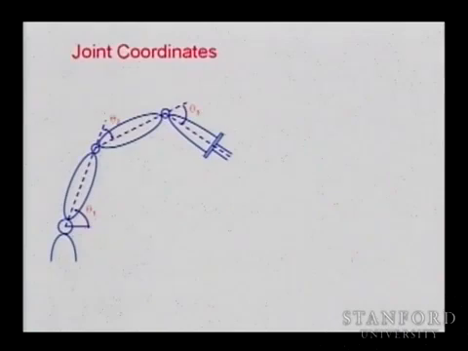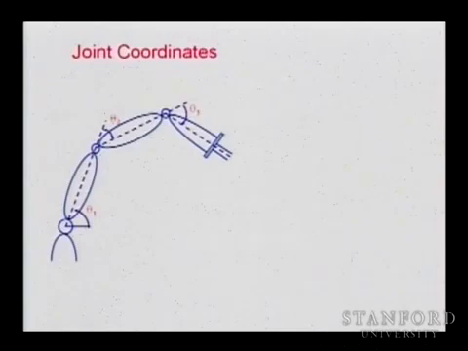So now we defined operational coordinates or task coordinates. We defined joint coordinates. And here is an example. If we take a planar robot, so just 3 revolute joints, theta 1, theta 2, theta 3, and this robot is moving in the plane, we have a sort of representation of the joints. So here you have, I don't know, 80 degrees, 45 degrees, and 50 degrees, representing this configuration of the manipulator.